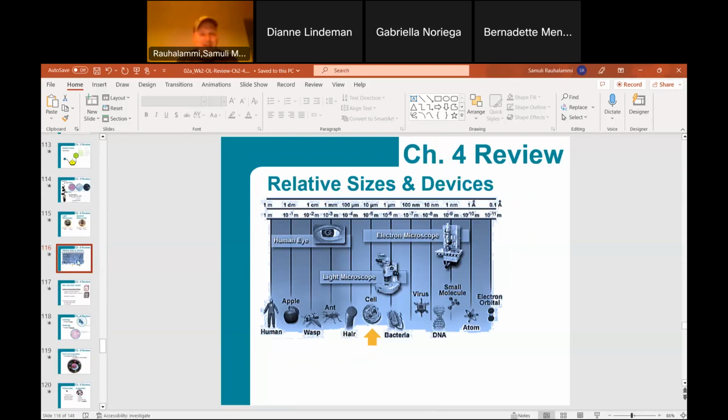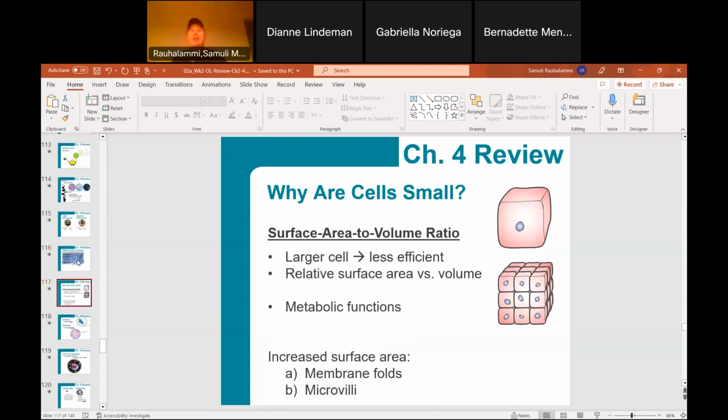So we were seeing the scale of the cells, and here we're seeing that cells have to remain small, because if the cell grows really large, then the ratio of the surface area of the cell, the amount of surface area that it has, becomes lesser than the volume that the cell has. So there's an optimal size where these two are in a perfect balance.